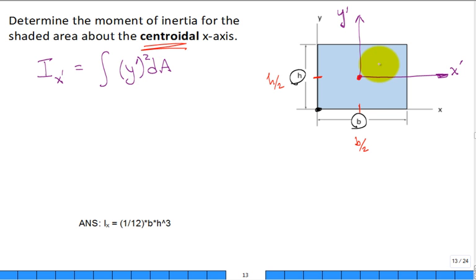Do you want to do it just going back and saying, here's a little dx dy and run with it that way? I'll set it up. So y prime squared dx prime dy prime. What does the x prime go from? Negative b over 2 to positive b over 2. What does the y prime run from? The integral from negative h over 2 to positive h over 2.